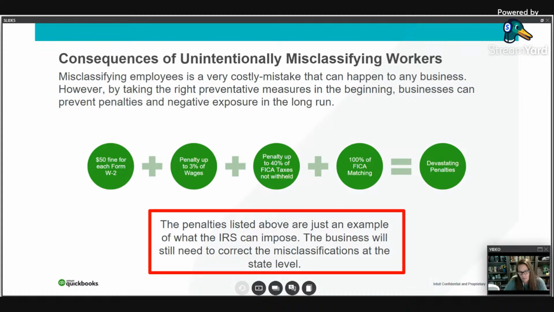Both the Department of Labor and the IRS focus audit work on contractor misclassification. A DOL or IRS audit is typically going to include all of the employees and independent contractors for a 3-year period.